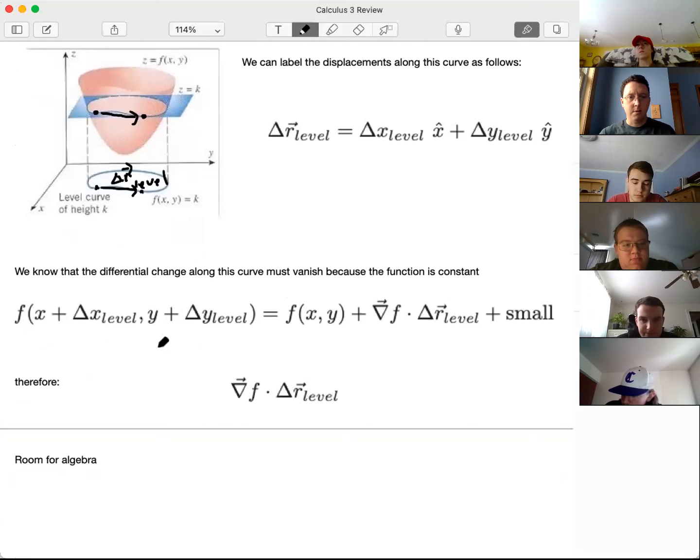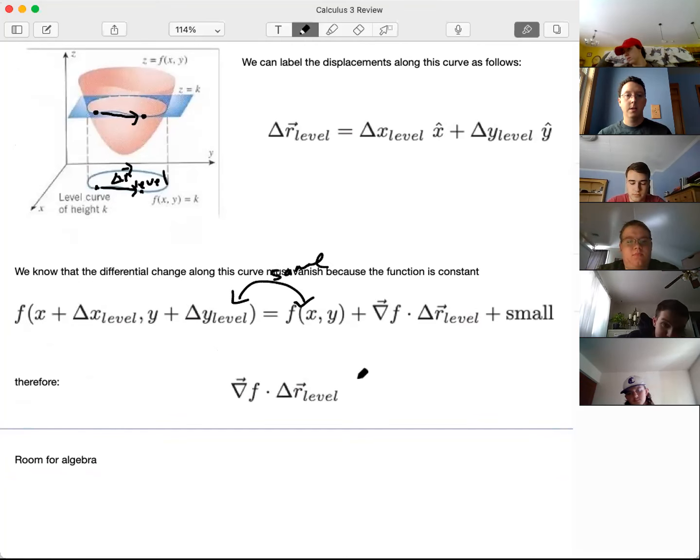So when you write it out, you start at some point, you shift it over by a level displacement to a new value. These have to be the same. Therefore, this piece must be 0.